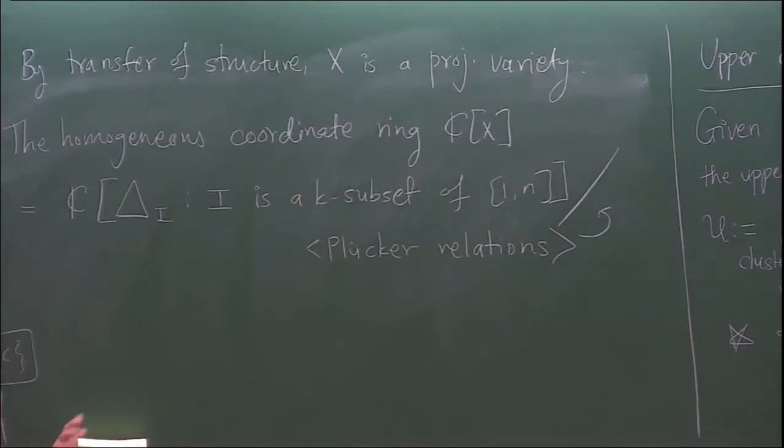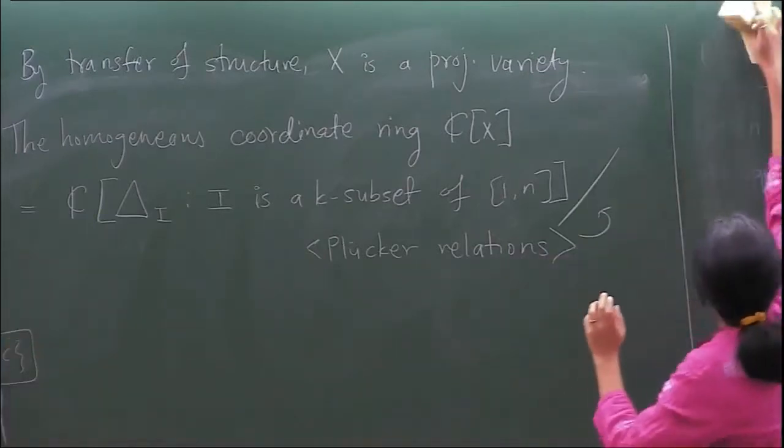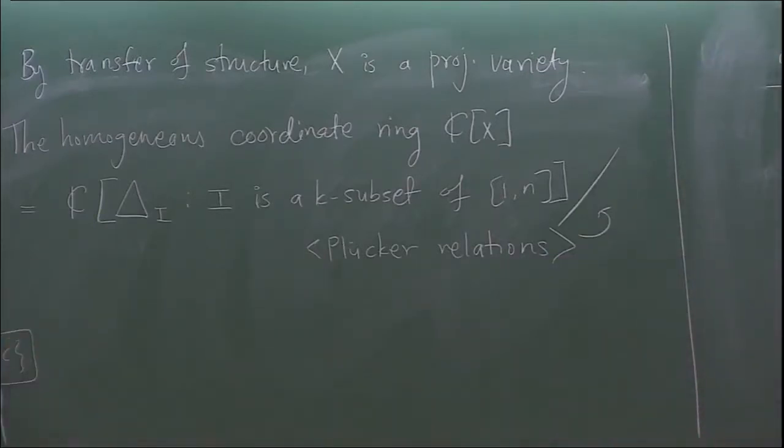Okay, so I want to show you that this is homogeneous, but I'm not going to give a proof. I will tell you how to get quivers to get a cluster structure on this. To do that, I will have to define certain diagrams, so let me do that.